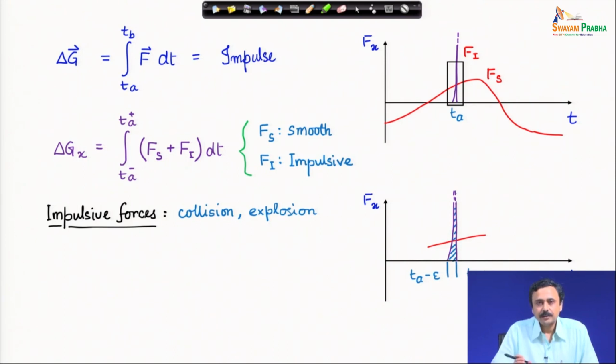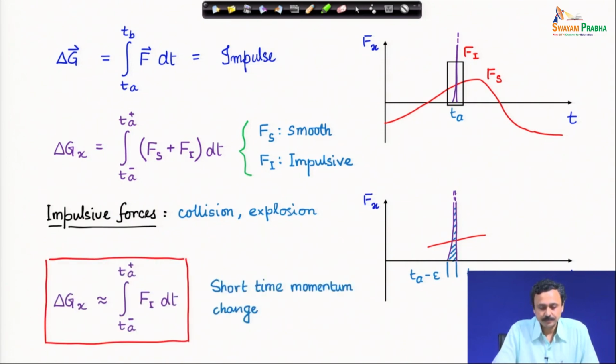The integral under these impulsive forces exists only around that time at which the impulsive force acts. Therefore, when I take T B tending to T A, or in this case epsilon tending to 0, epsilon is the small time to the left and to the right.